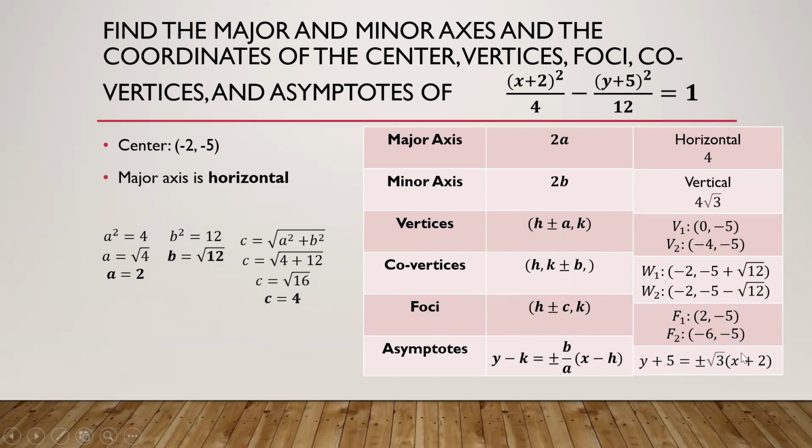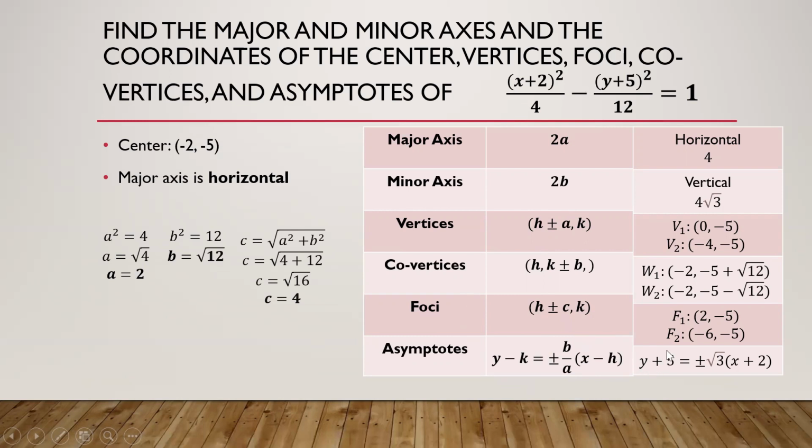For our asymptotes, since the center of the hyperbola is not at the origin, we use this equation right here. So that's y minus k equals plus and minus b over a, because remember, the x came first. B over a, parenthesis x minus h.